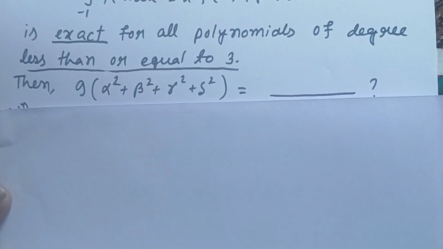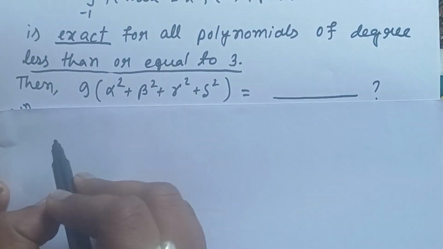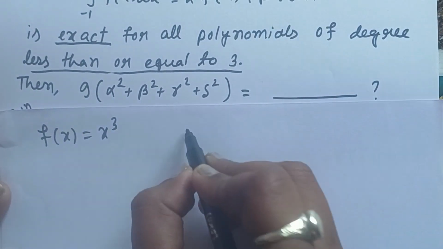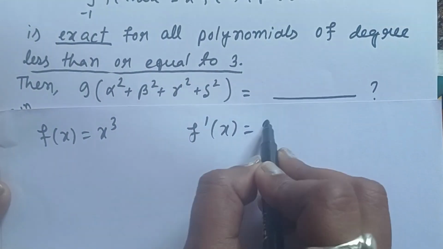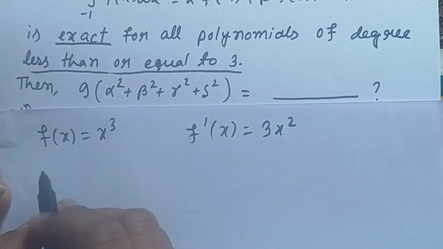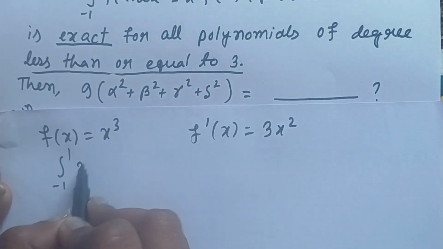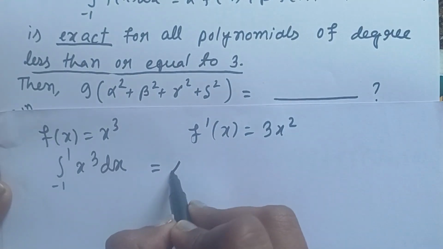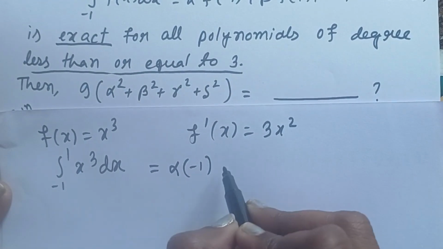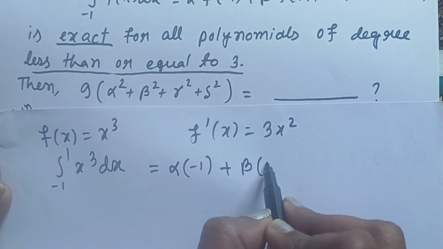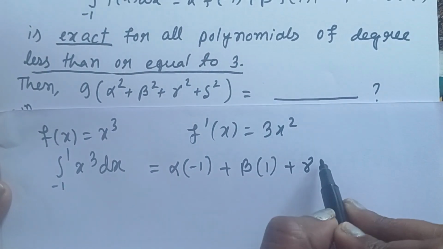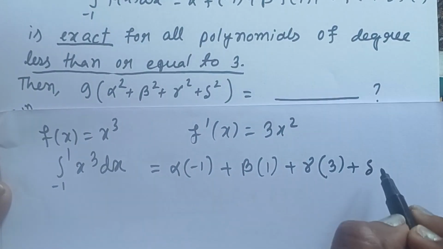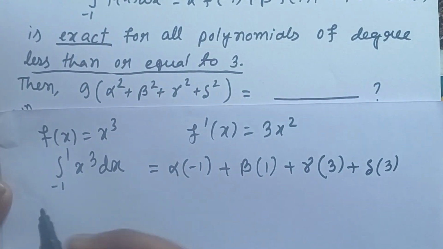Again we will do the same thing for the next polynomial, which is f(x) equals x cube, and in this case f'(x) equals 3x square. Using the same formula, the LHS will be -1 to 1 x cube dx, and the RHS will be alpha into minus 1 plus beta into 1 plus gamma into 3 plus delta into again 3.